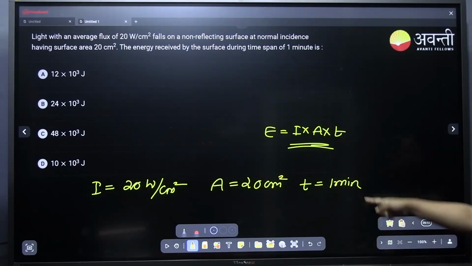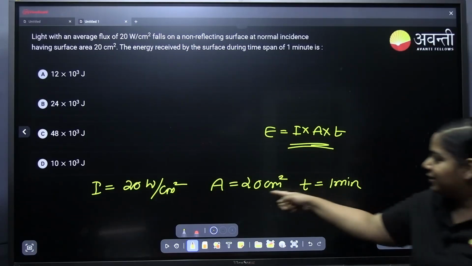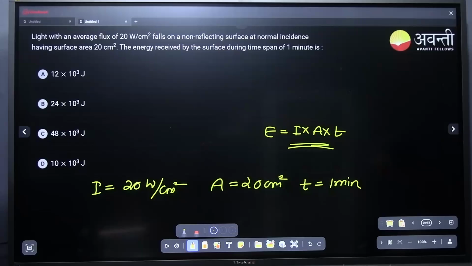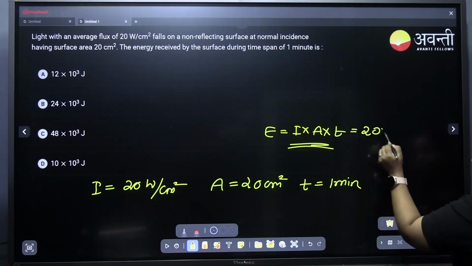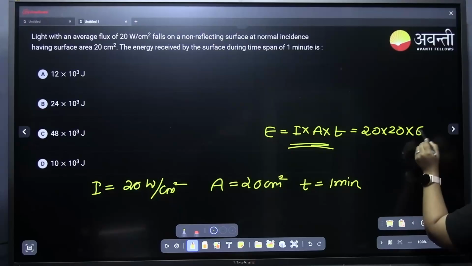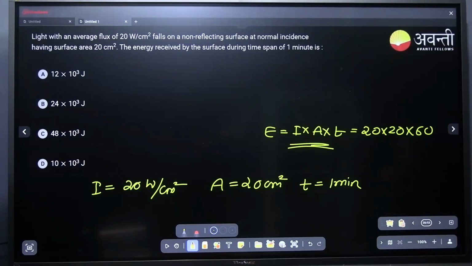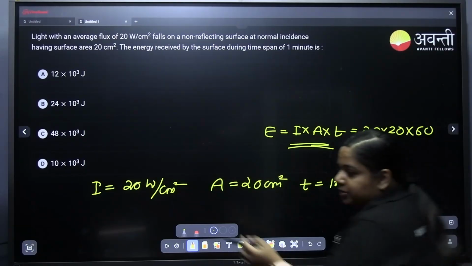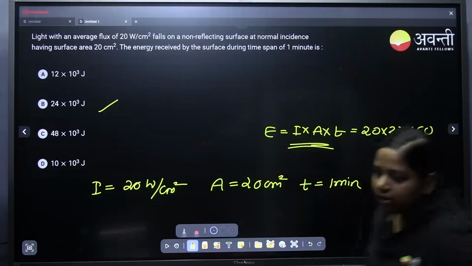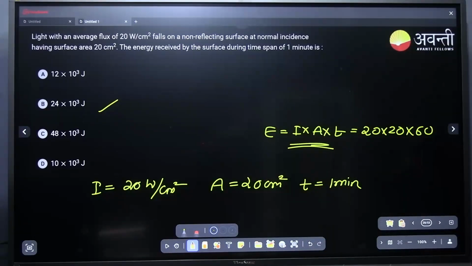Time you have to convert to seconds. Here centimeter square will cancel, that's why we don't have to convert that. So this will be equal to 20 into 20 into 60. Yes, option B is the answer, correct. There is no doubt in this question, right? Can we move on?